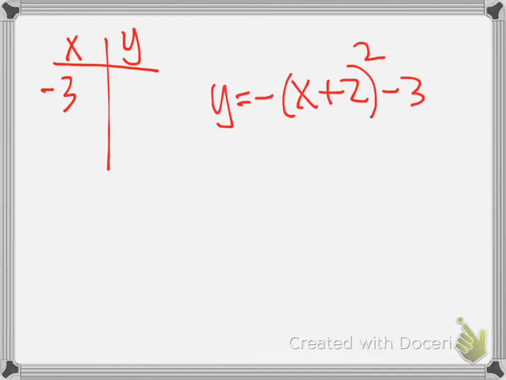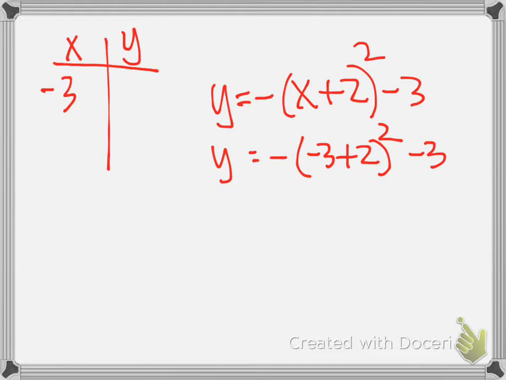Like you go, if I plug in -3 for x, what do I get out for y? So you plug it in. You make sure that you're doing order of operations.